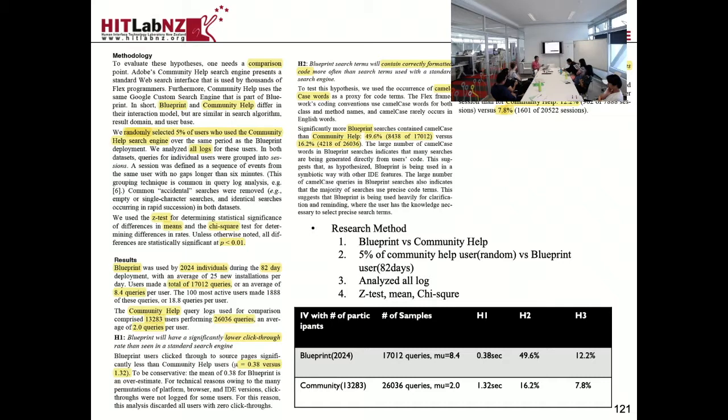So he just randomly chose 5% of random users. So 2,024 is the number of participants for the blueprint, and then 13,283 was the number of participants for the traditional users.